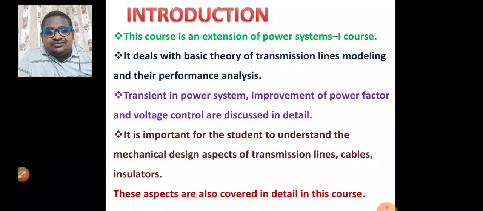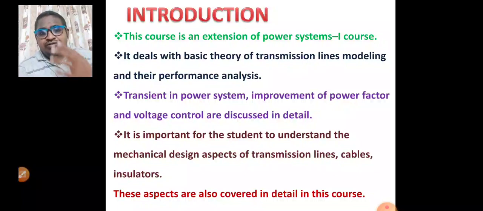Performance in the sense, for any electrical system, how can you grade the performance? You can grade the performance based on two aspects. One is the efficiency of the system, and another one is the regulation of the system. What are the two? The first one is efficiency of the system, and the second one is regulation of the system.